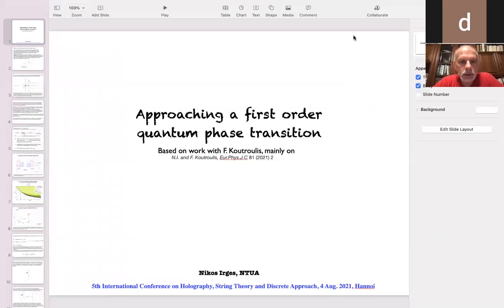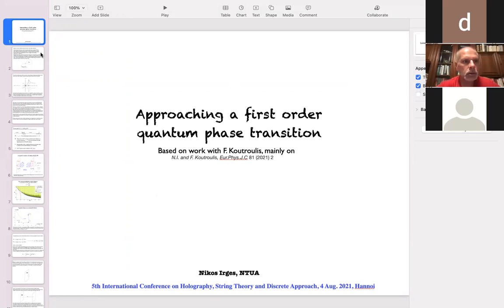This is work. Sorry, Nikos, maybe you should maximize your screen, I think. The screen, you can't see the screen? I am full screen. Sorry, my fault. Yes, you're right.